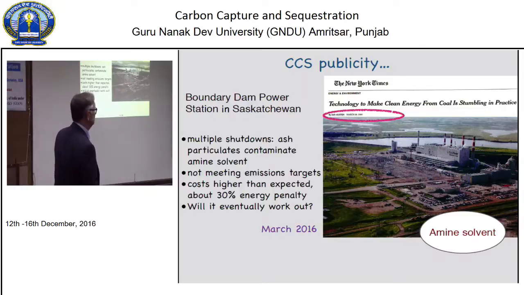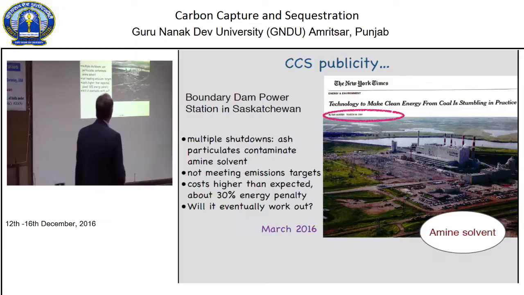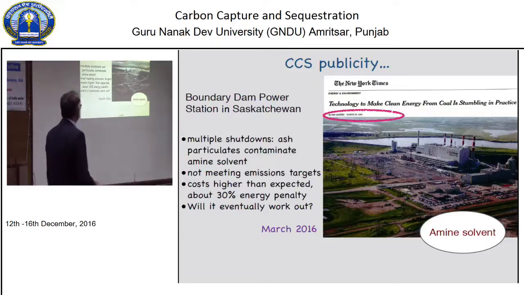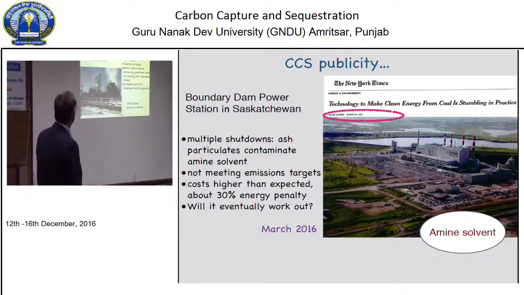It has huge technical problems. The media is filled with all kinds of issues. They've had unexpected costs. Notice the 30% energy penalty. That's because they're using the amine absorption process. So this unfortunately makes for a bad press.